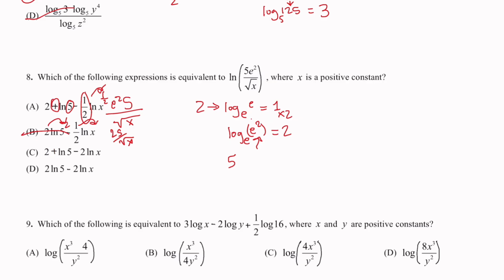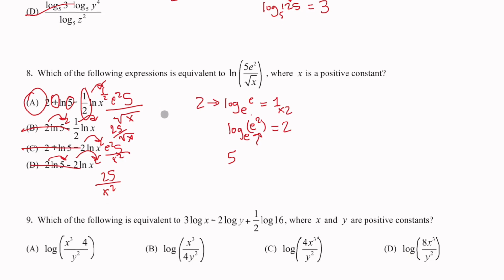So use that. e squared times 5 divided by, we move 2 there, x squared. x squared is the opposite of square root of x, so that C is also wrong. And then now we have D here, move 2 up there, that's 5 squared, which is 25 over x to the power of 2, and that's wrong too. So our answer is A.